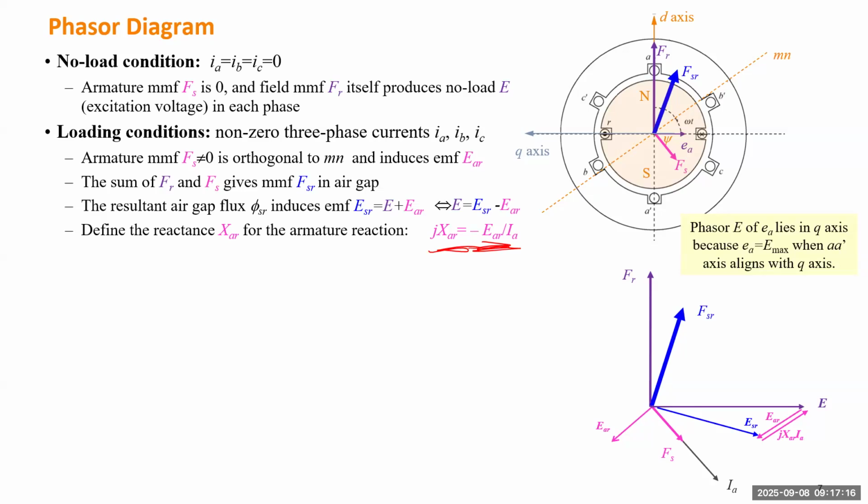And then there will be some voltage drop due to the current, because it is the current multiplied by jXAR, it's just some reactance. So this one will be a purely imaginary number, which will turn the phasor of the current by 90 degrees counterclockwise. So it will have this one orthogonal to the current. What I mean is if you just extend this line, this will be 90 degrees.